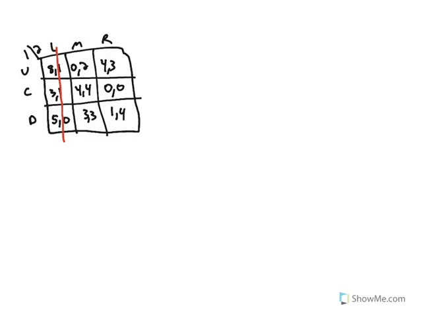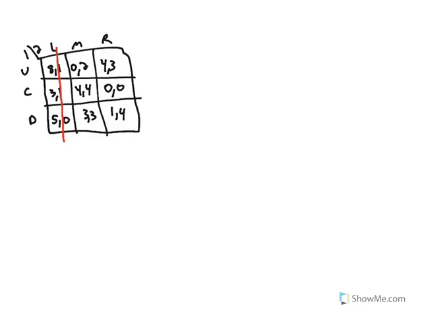It's obvious that U and C are not dominated. They are best responses to M and R respectively. But there's no mixture of U and C that's going to dominate D. You can verify that for yourself, the 3 and the 1 are not going to allow that to happen. You can get close, but it's not going to quite work.